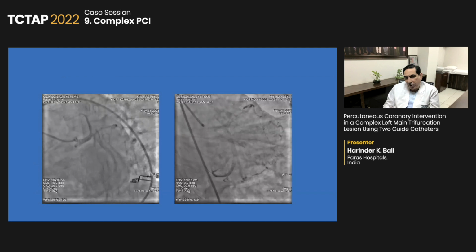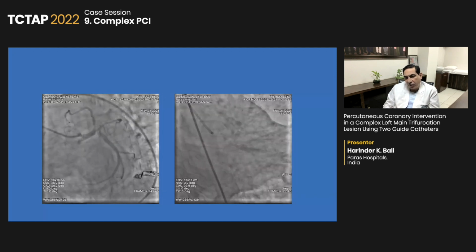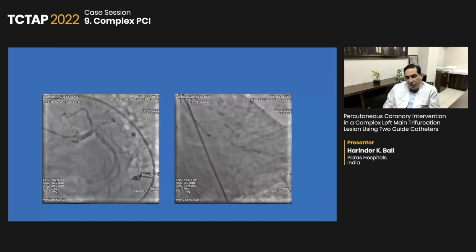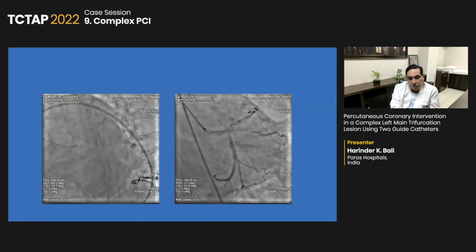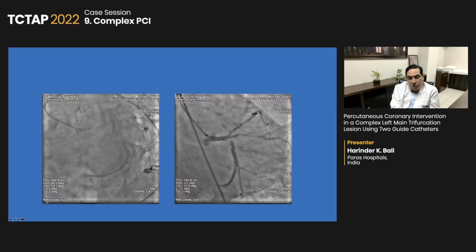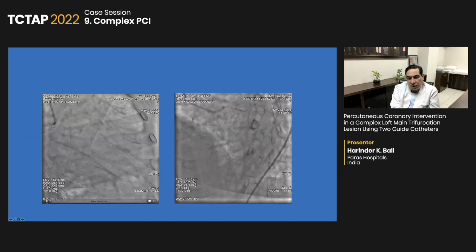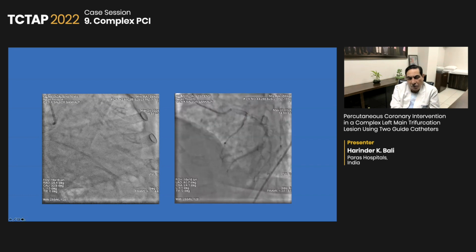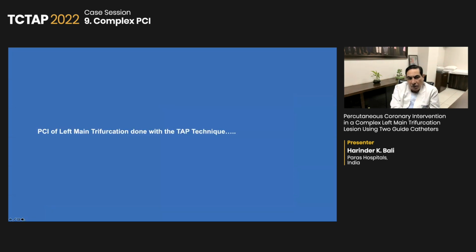We discussed various options with the surgeon and with the patient, and then we decided to go ahead with angioplasty stenting of this trifurcation lesion. These are the various other views which you can appreciate. The critical circumflex lesion has almost TIMI 2 flow.